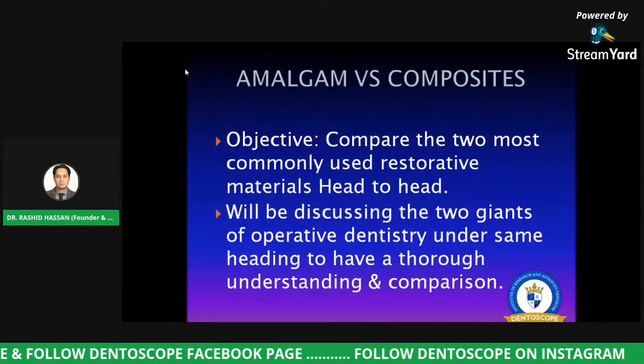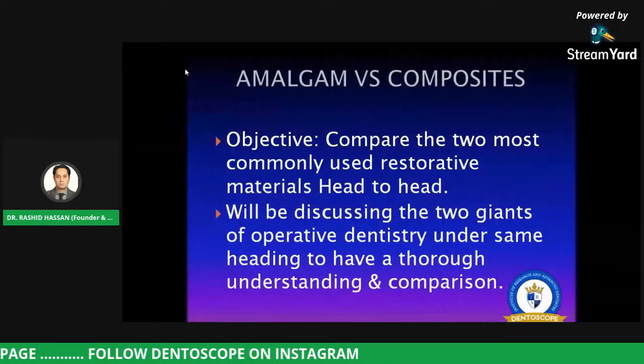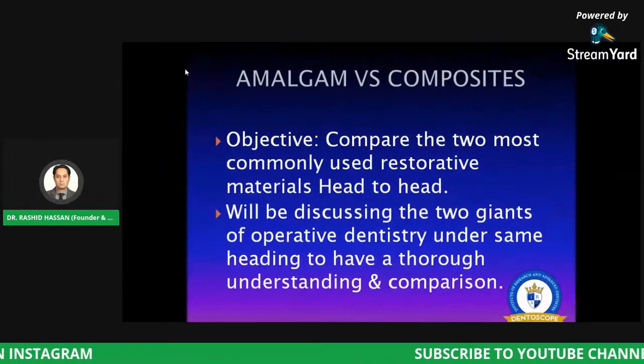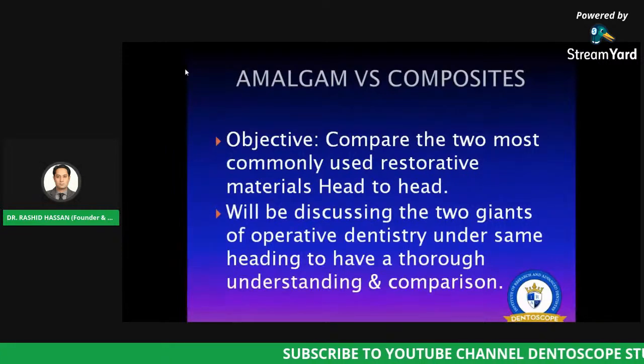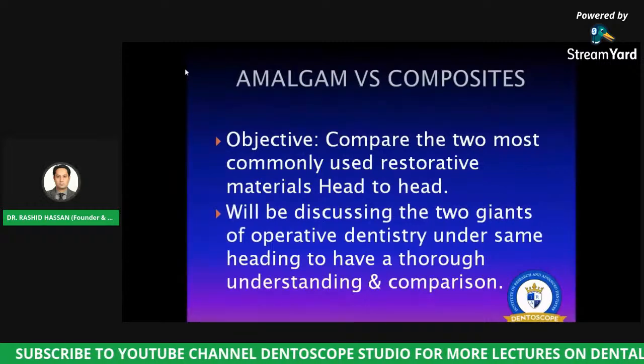Both are very important from a university point of view for your MCQs, SEQs, and for your Viva examination. So let's talk about each and every heading one by one.